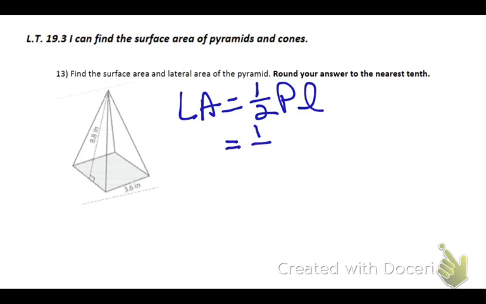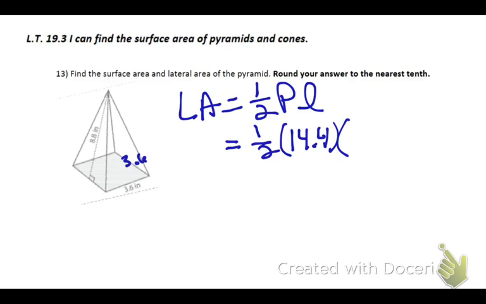So we have 1/2. Now the perimeter of the base is 3.6, 4 times. We're going to do 3.6 times 4. Okay, so that's 14.4. Slant height is given to us.